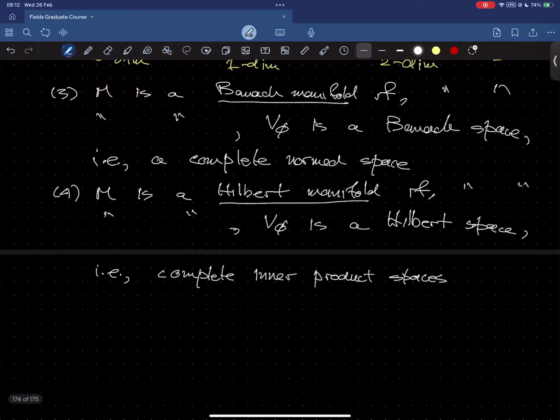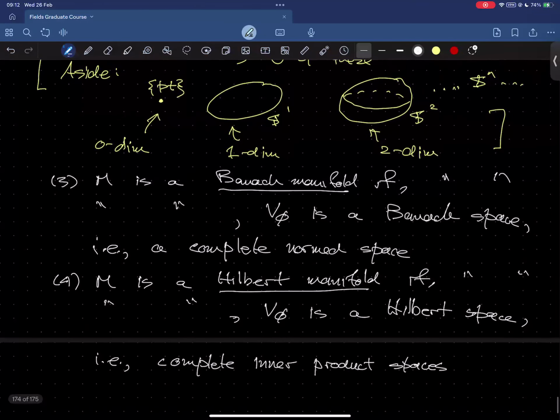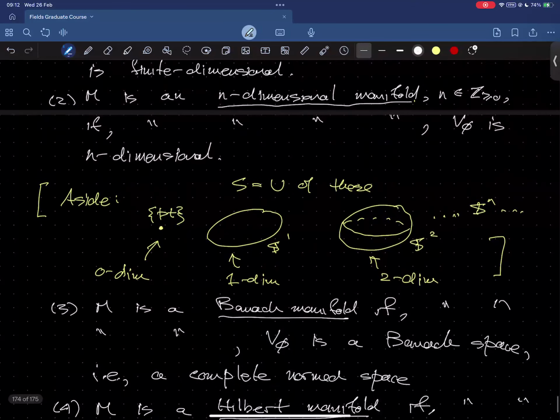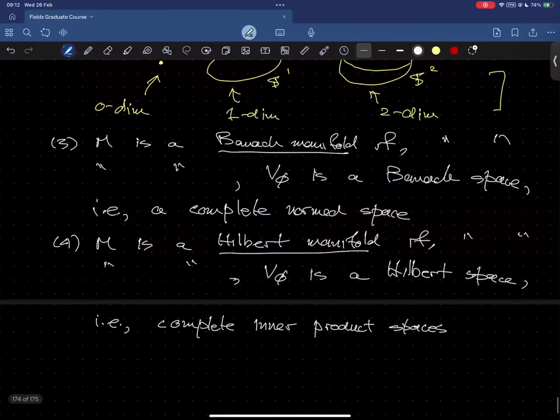We didn't talk about this when we talked about locally convex spaces, but this is a breakdown of three different kinds of locally convex spaces: finite dimensional, Banach spaces, and Hilbert spaces. There is a zoo of kinds of locally convex spaces, and when you study the theory in detail, you will run into that. In principle, you can define a classification of manifolds based on each of these categories, and some of those things may be interesting, some of them may not be.